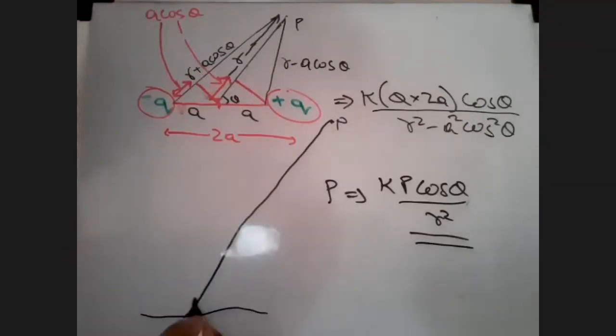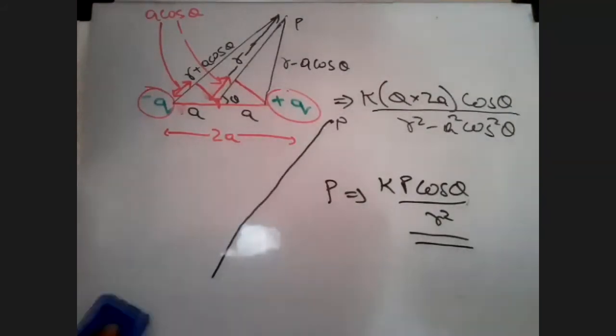And if you're telling me this is a cos square theta, here, the red line, can I neglect it? Yes. So that is what I've done. You got it?